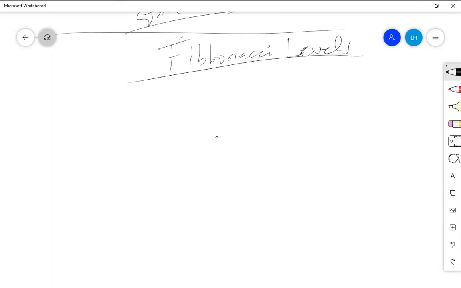Now in the price chart, Fibonacci levels are those areas where price can spend some time, or price may have difficulties to move, and finally may retrace or may pass with difficulties.